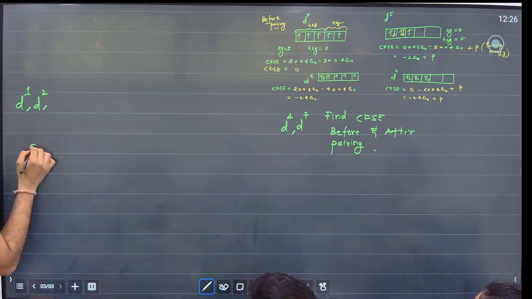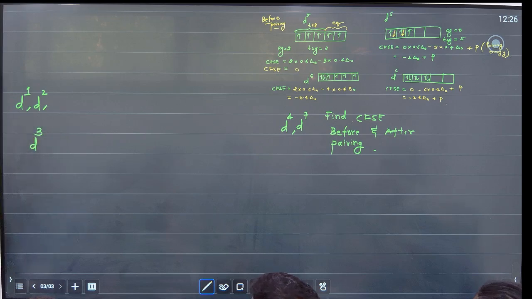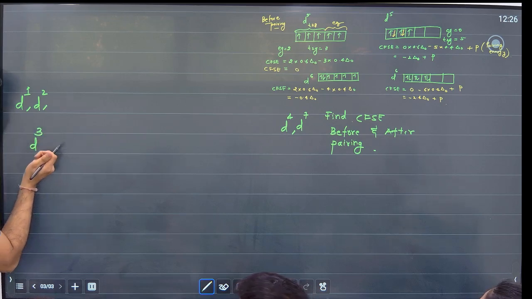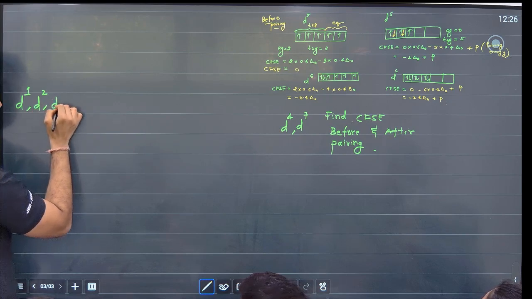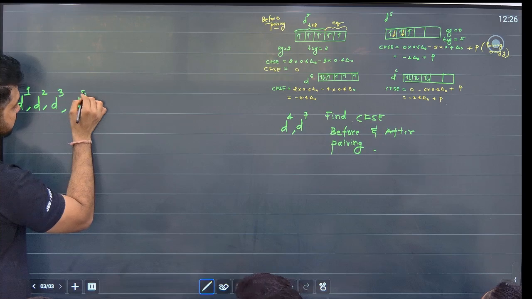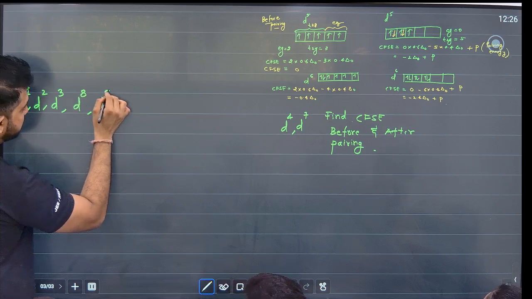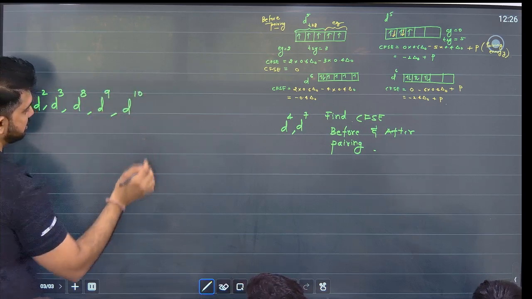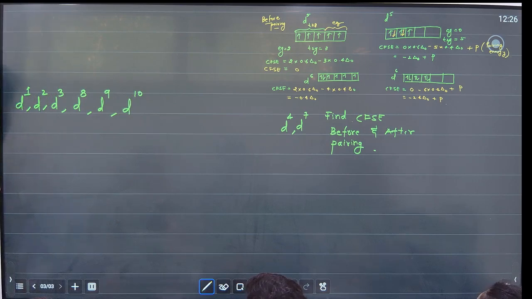Next, what about D3? Same, because all the electrons are present in. What about D8?